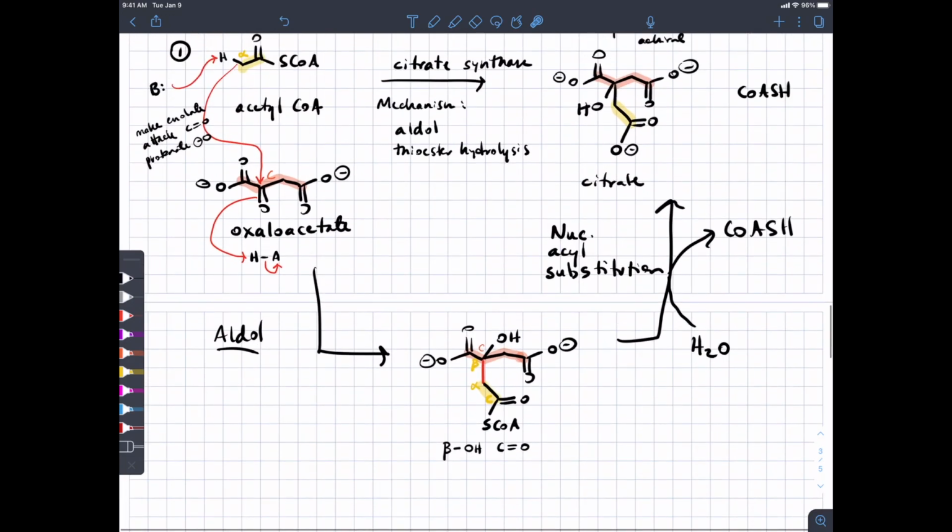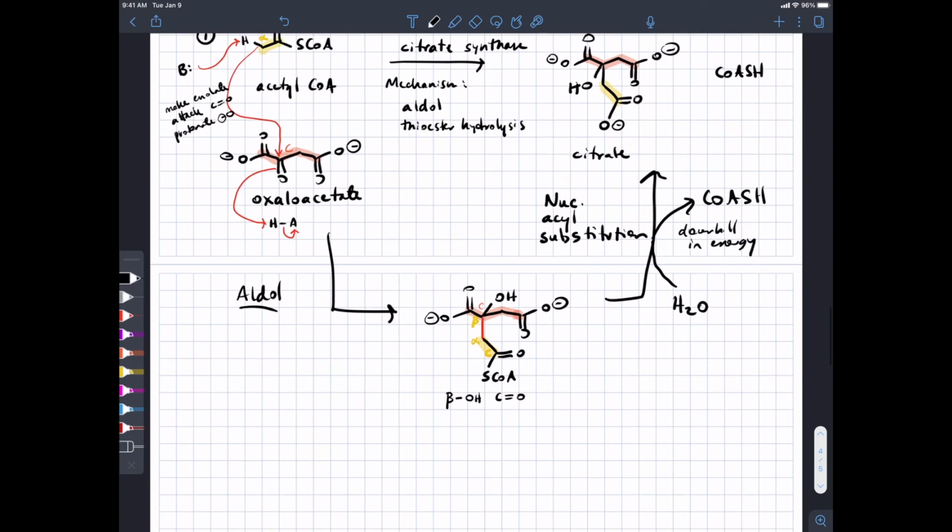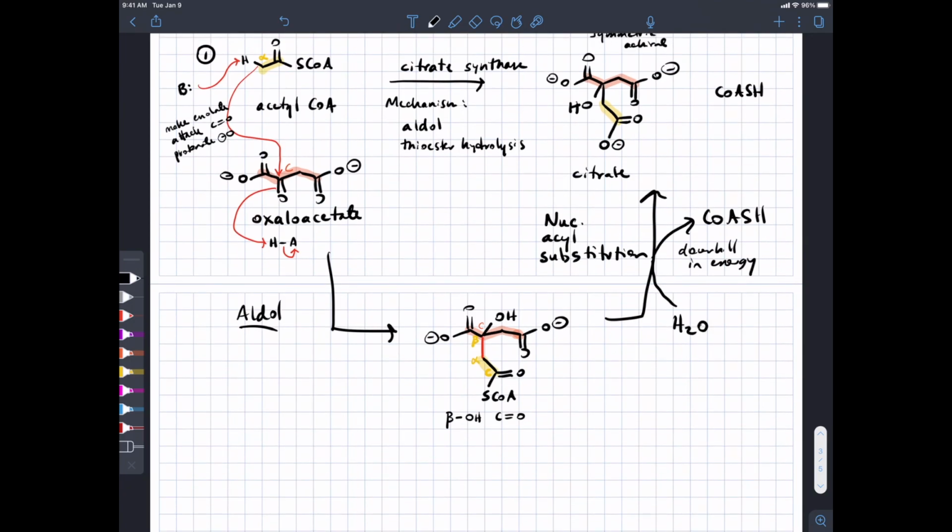We make an acid, and it loses its proton at physiological pH. See if you can envision that in your head, but this kind of ester hydrolysis is exactly the same kind of thing we've been doing since the first exam. All right, so now, by the way, thioester hydrolysis is downhill in energy, which provides some of the driving force for this process to occur.